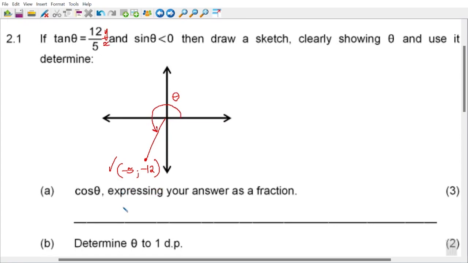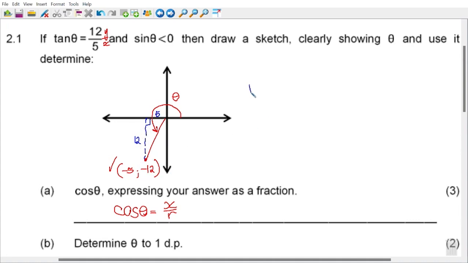All right. Now, obviously, for cos theta, cos is x over r. We don't know what r is at this stage. Okay, but we can work out r using Pythagoras. Okay, second time we've encountered Pythagoras just recently. Right, this distance is 12, and this distance is 5.